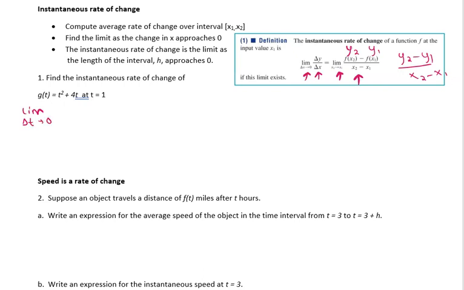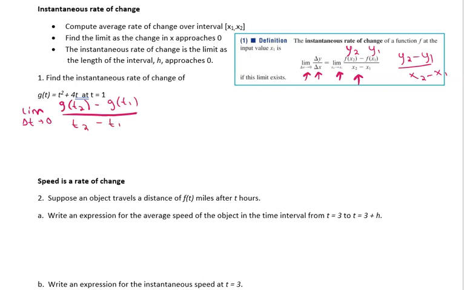And our limit is, well, it would be f of x2, but because we have g and t, it'll be g of t2 minus g of t1 all over, it would be x2 and x1, but because our variable is t, not x, we'd have t2 minus t1.